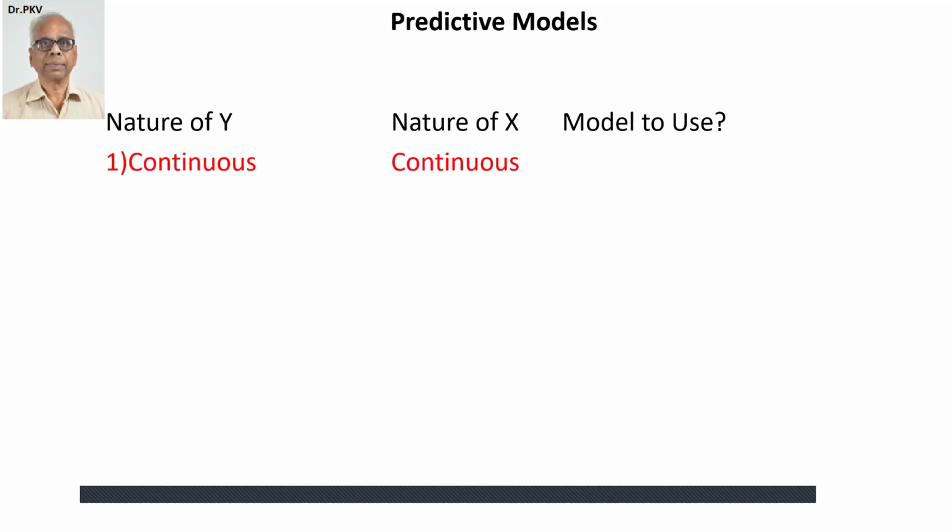If Y is continuous and X is also continuous, then the model to be used is multiple regression. When you have only one feature, multiple regression becomes a simple regression.